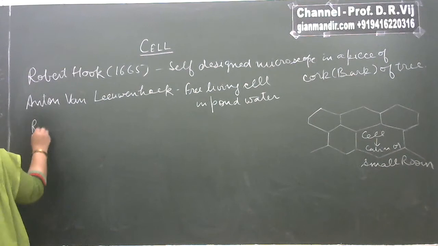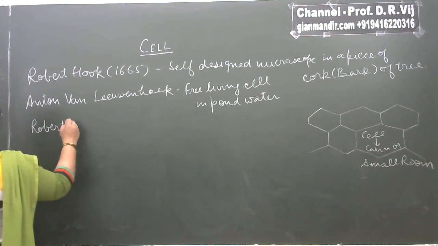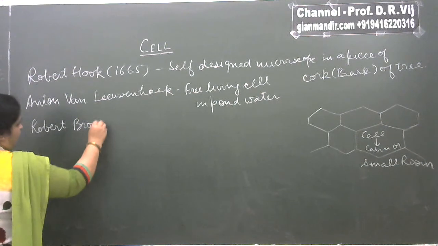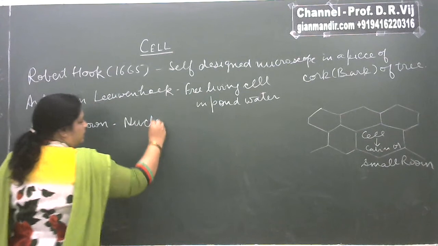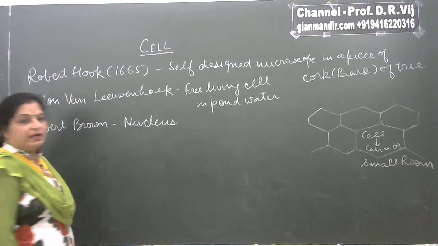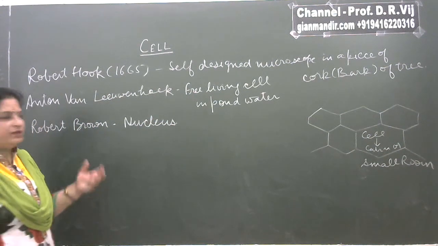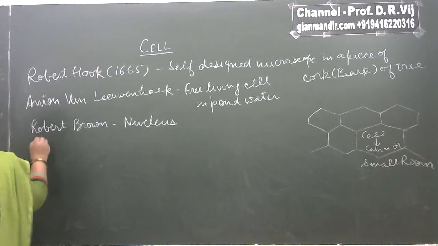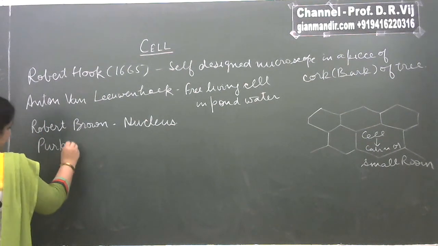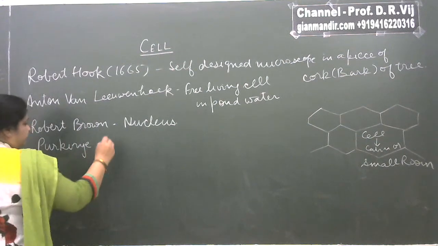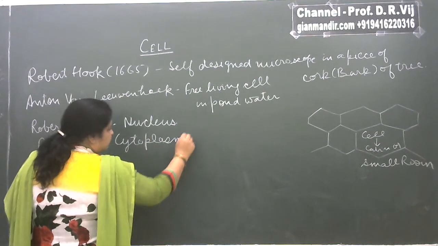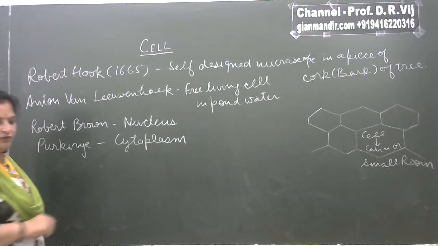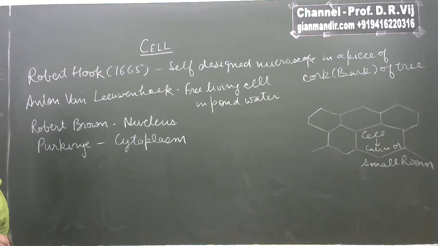Then another one is Robert Brown, who discovered the nucleus in the cell. Nucleus is the main governing center of the cell, right? And then another one is Purkinje, who coined the term cytoplasm. The jelly-like material inside the cell is known as cytoplasm, which contains all the cell organelles of the cell, right?